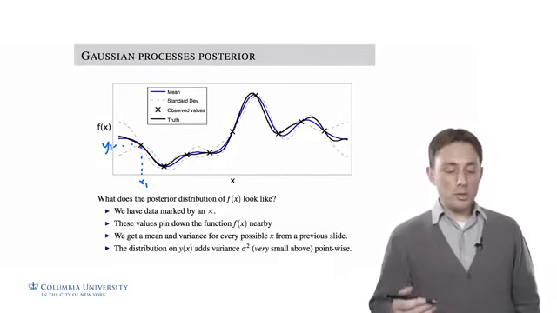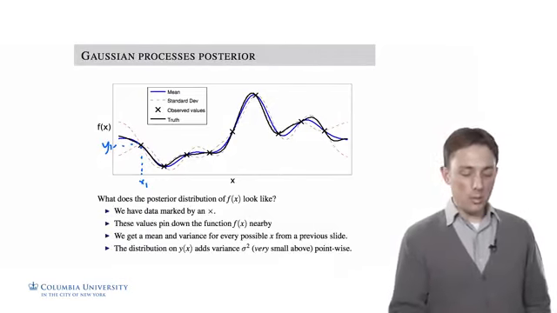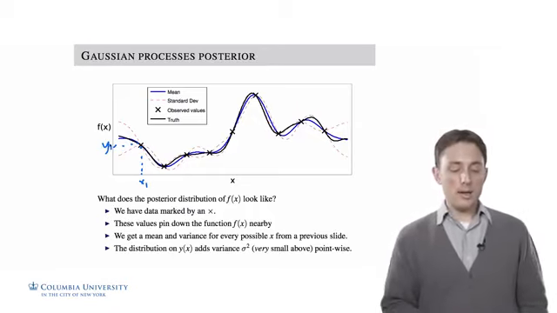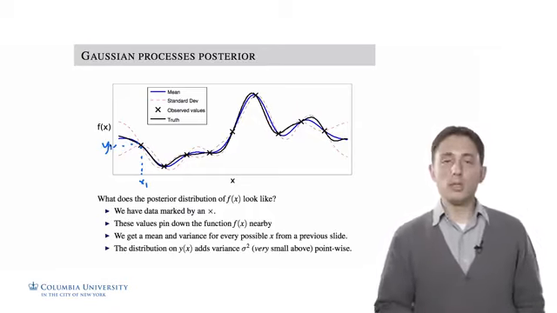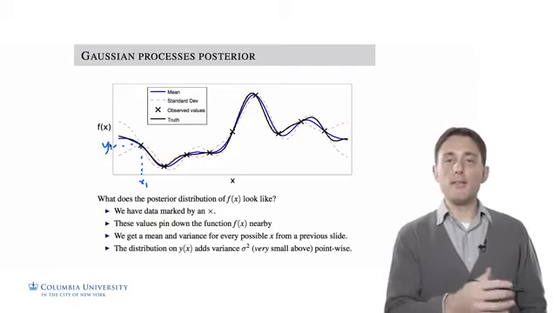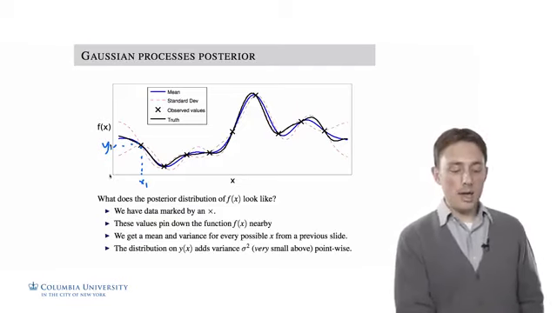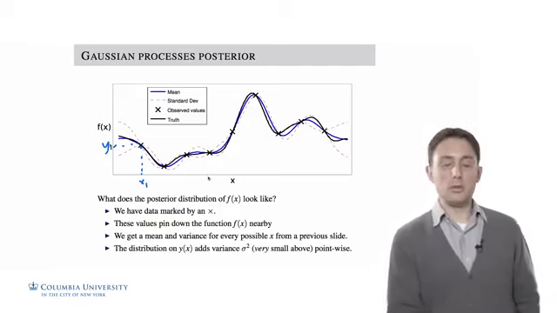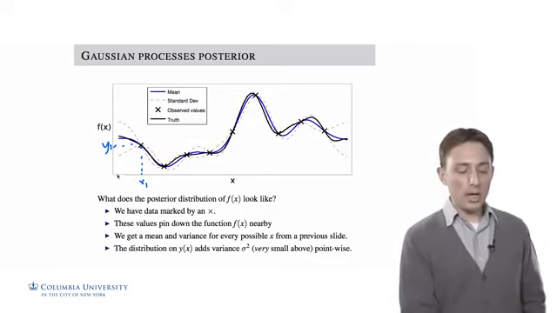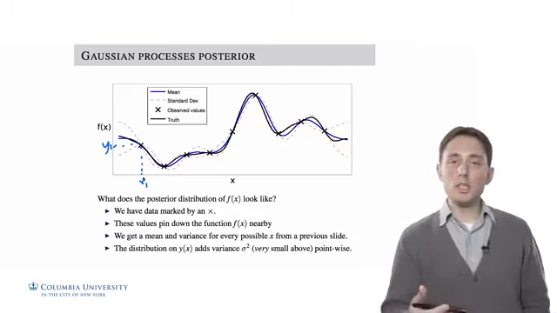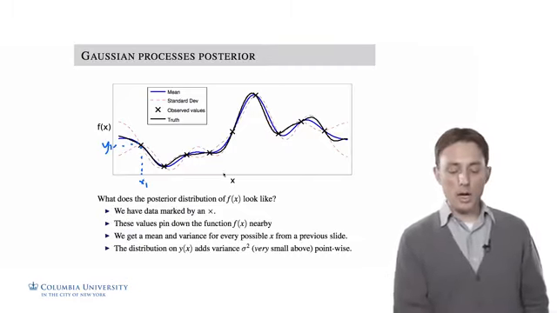I then learned the posterior of y according to the previous slide. And remember, I can evaluate that posterior at any point that I choose along this x-axis. So I evaluated the prediction I would make for any arbitrary point.